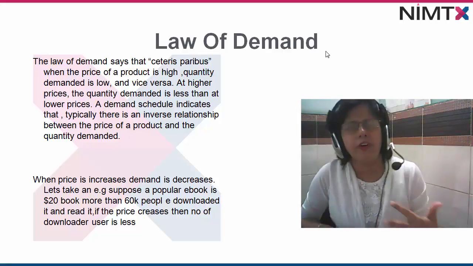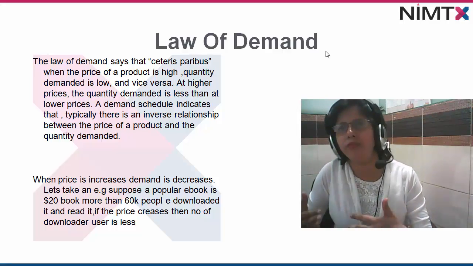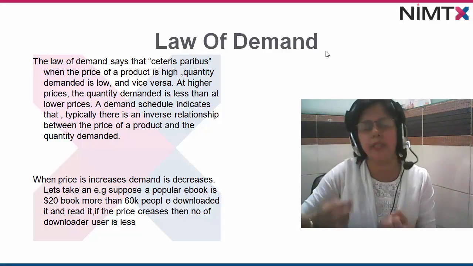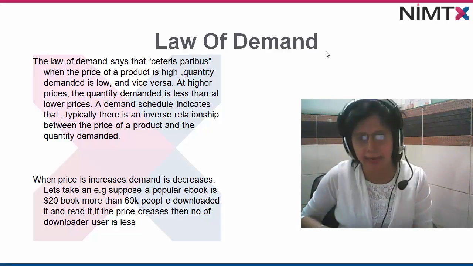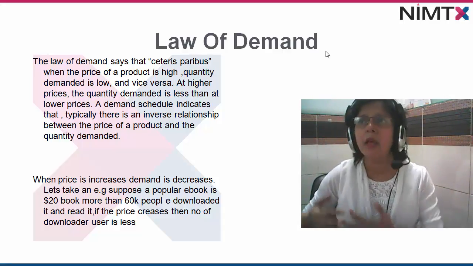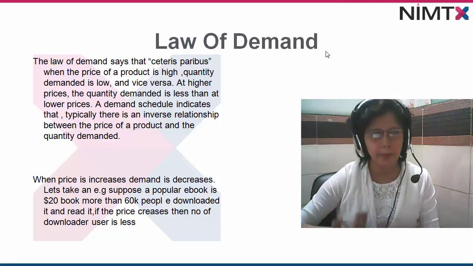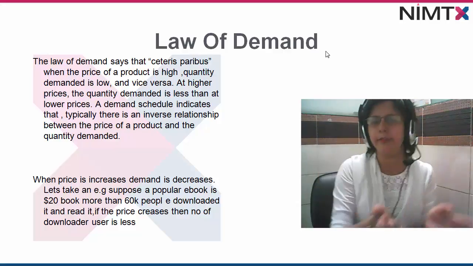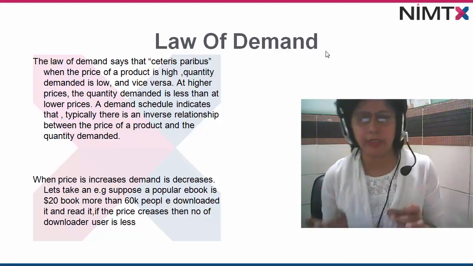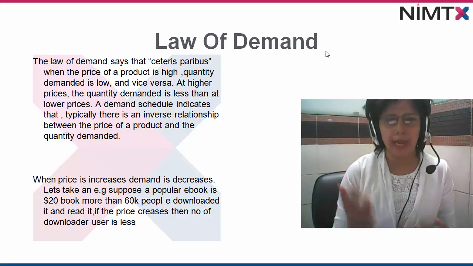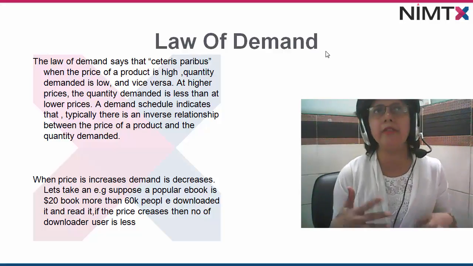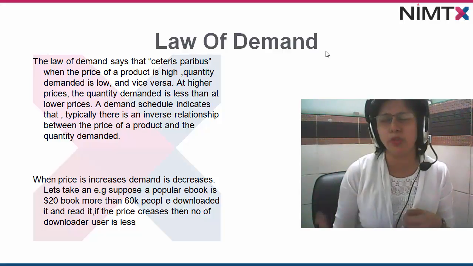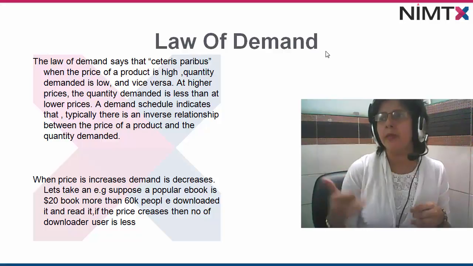For example, if the price of a commodity is increasing day by day, nobody is going to purchase that thing. How could that be possible? Because everything depends upon our pockets, and whatever the stuff is, it is related to our source of income. And demand, as we already studied, is inversely proportional to the income of the consumer.